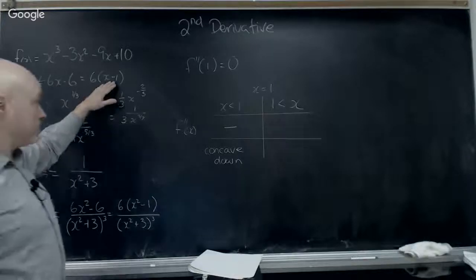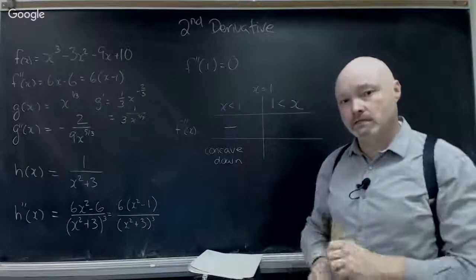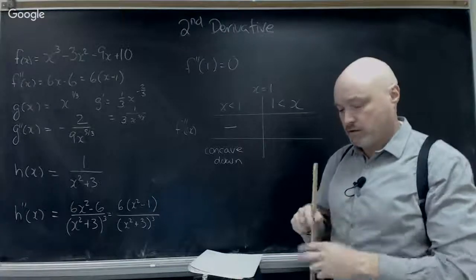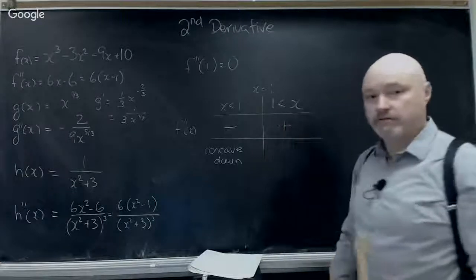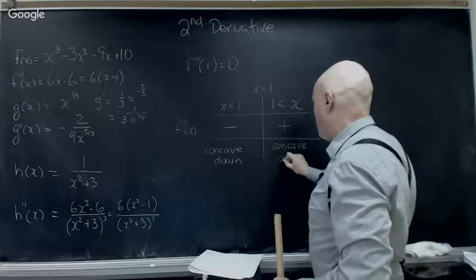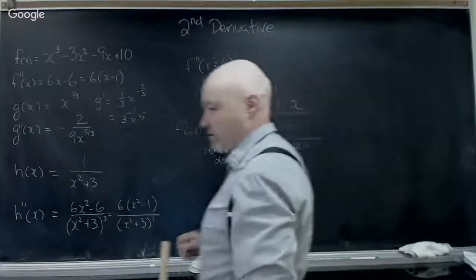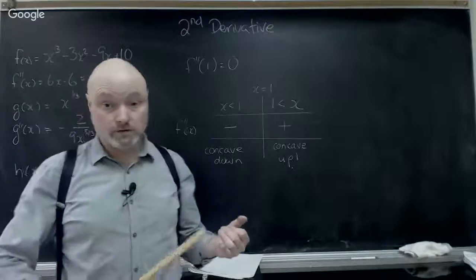For example, I could put in a test value of 2. 2 minus 1 is 1, and 6 times 1 is 6, which is positive. The second derivative is positive, so it's concave up.